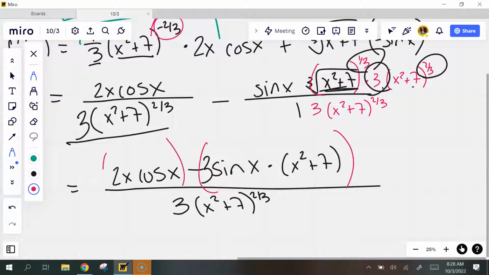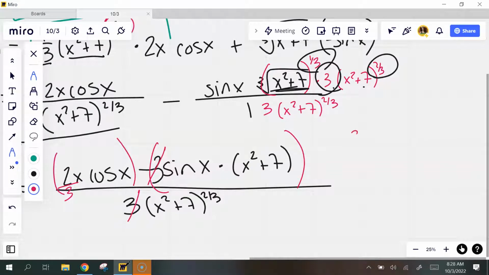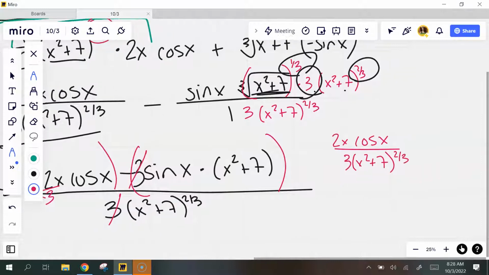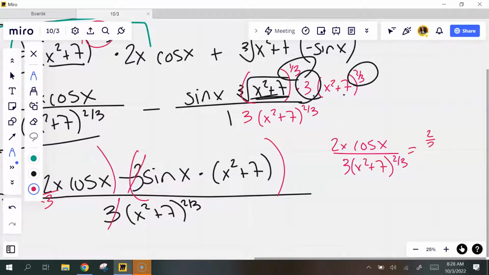Here's one chunk, right? I'm going to take the 3 out of that one, but I'm going to give this one a 2/3. I'm going to move that 3 back up essentially just for that one piece, because it'll cancel out. Does that make sense to you guys? So what I really did was I said, okay, 2x cosine x over 3 x squared plus 7. I'm looking at it as a separate piece. I could write this as 2/3 x cosine x over x squared plus 7 to the 2/3. I would never do that.